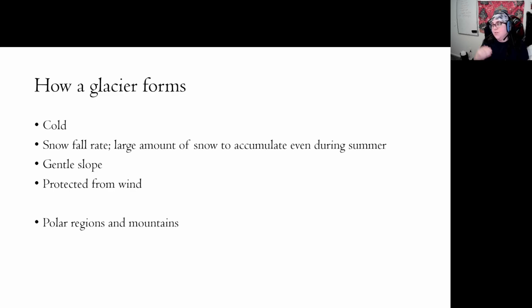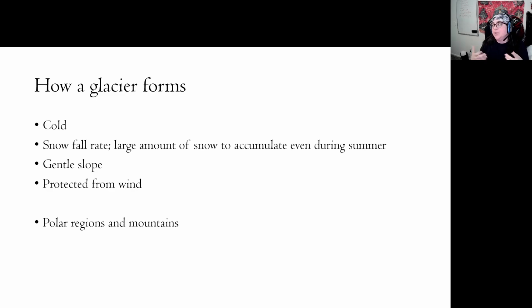Speaking of snowfall, the snowfall rate has to be large. There needs to be snow falling constantly, or at least a large amount during the year, in order to allow that accumulation. The area needs to have a gentle slope. Although we do have the formation of mountain glaciers that we'll see later, it would be useful to have a slope so the snow doesn't just fall off and not accumulate in place.